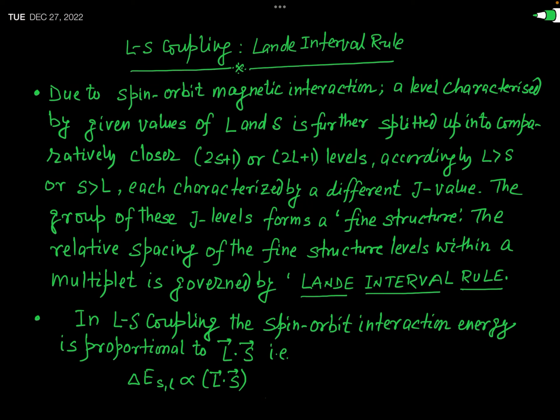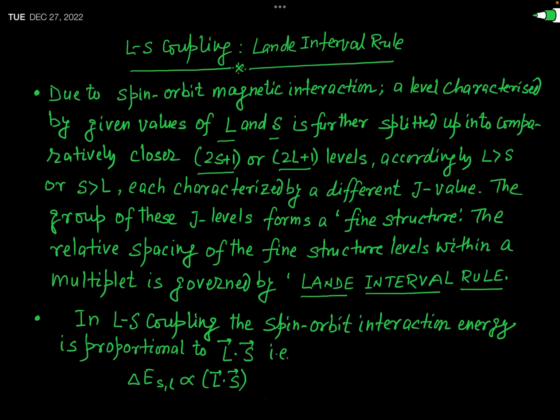You have seen that due to a spin orbit magnetic interaction, an energy level characterized by the values of L and S is further split into closer energy levels, and the number of those closer energy levels is either 2S plus 1 or 2L plus 1.